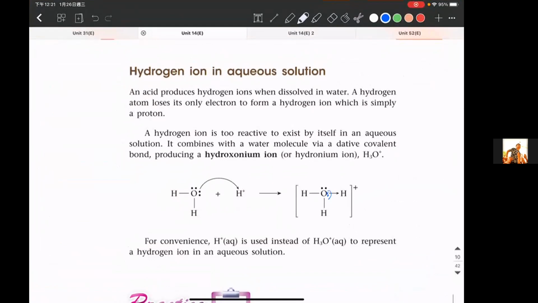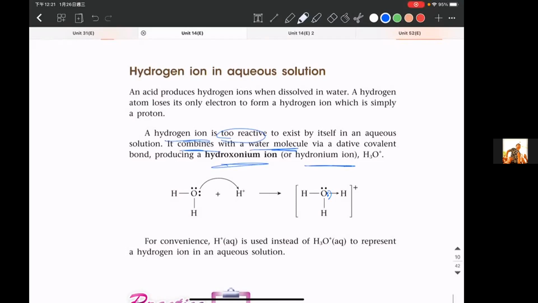So we call it hydronium ion or hydroxonium ion, simply because the hydrogen ion is too small and too reactive, so it will combine with the water molecule to form such a more stable species.